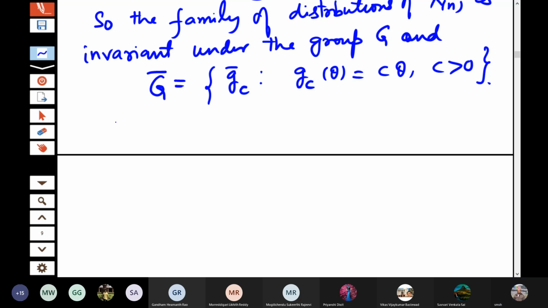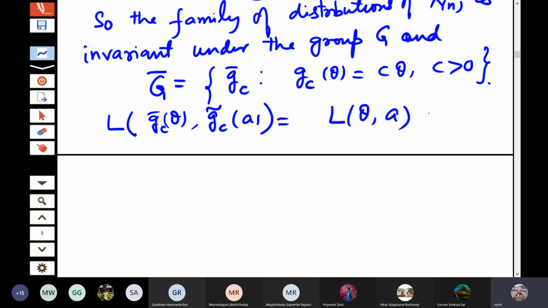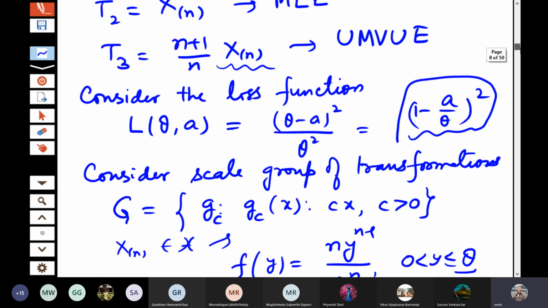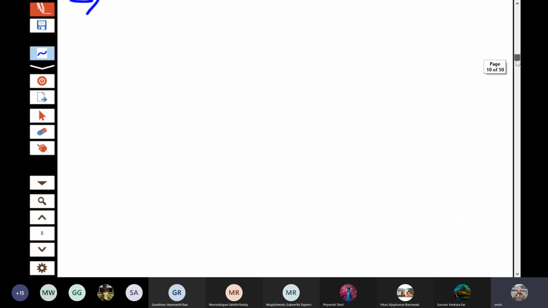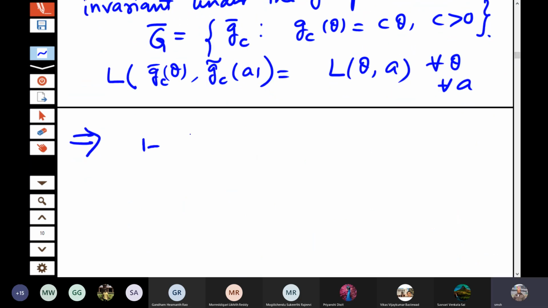So let us consider this condition: L of GC bar theta, GC tilde A, that should be equal to L of theta, A, isn't it? We want this condition. So GC bar theta is C theta. If you substitute here 1 minus A by theta, what you will get? 1 minus GC tilde A by C theta, squared.